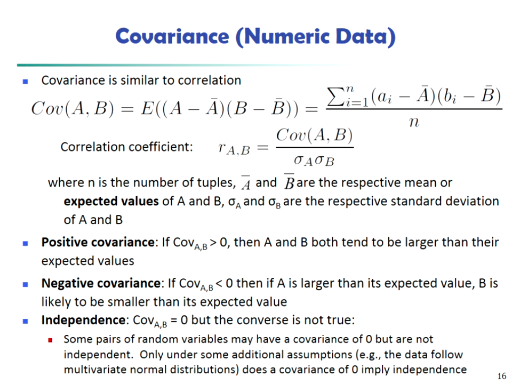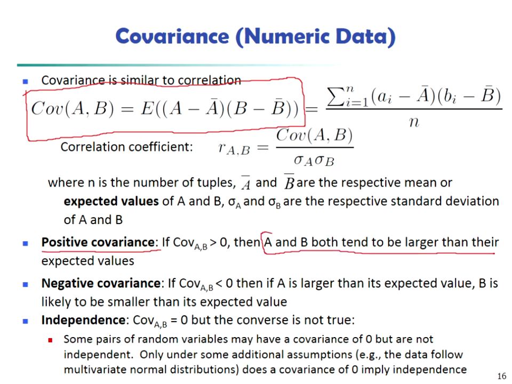Let's move now to covariance. The formula of the covariance is the mean of (A minus mean A) multiplied by (B minus mean B). So there is a relation between the covariance and the correlation. The correlation equals covariance divided by standard deviation of A multiplied by standard deviation of B. If we have positive covariance, that means A and B tend to be larger than their expected values.